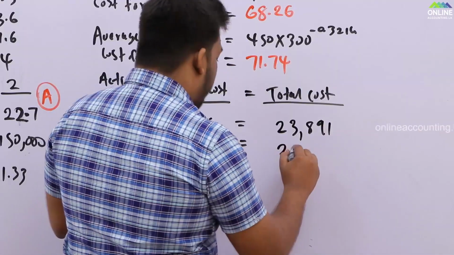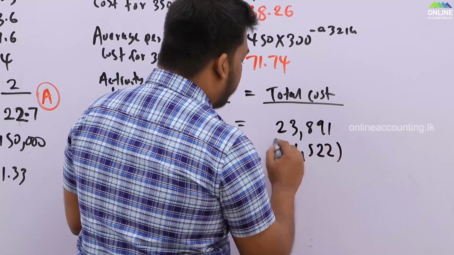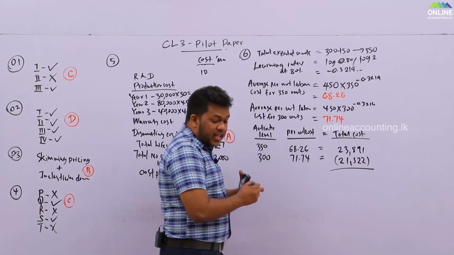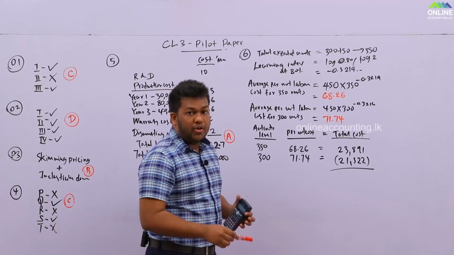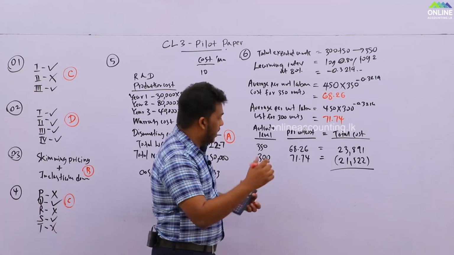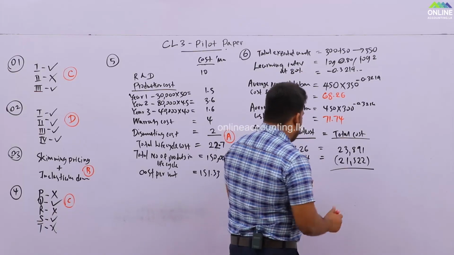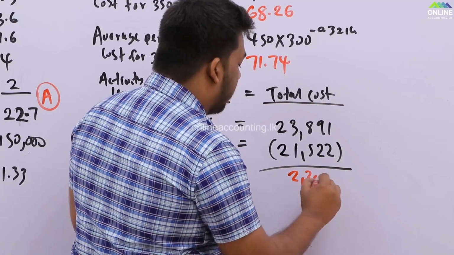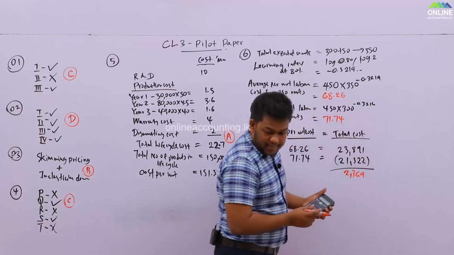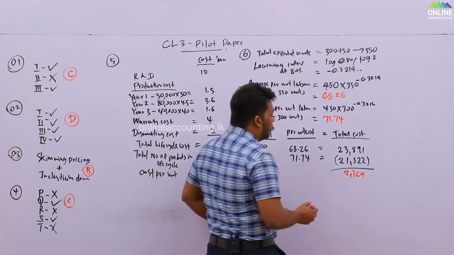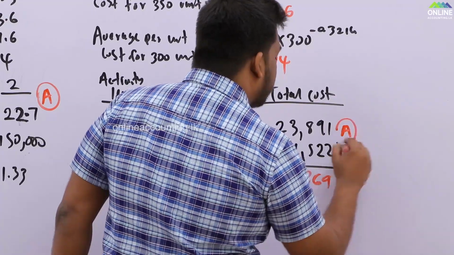That is 21,522. And the difference of this is the labor cost for this month 50 units, that is 23,891 minus this answer, 2369. So what is the answer they are having? 2370. So answer is A.